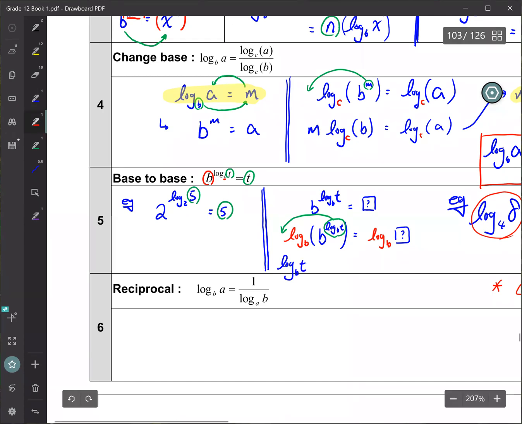And then log base b of b, because the exponent goes to the front. And then right side, we would have log base b of the empty box, which is what we want to find.